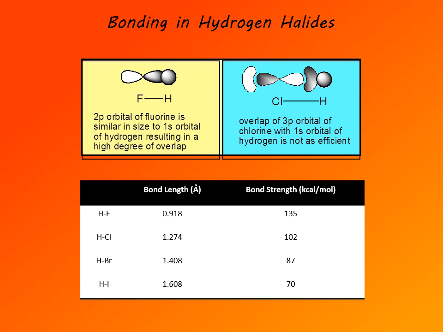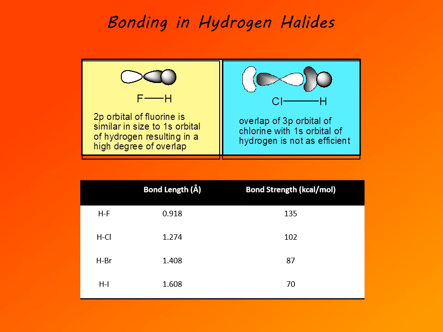So hydrogen-fluorine bond is very short, 0.918 angstroms, and very strong, 135 kilocalories per mole. That's a very strong bond. Hydrogen chlorine, much longer, 1.274 angstroms, and much weaker, 102 kilocalories per mole, although this is still a strong bond. Hydrogen bromine is actually rather long, 1.408 angstroms, and rather weak, 87.